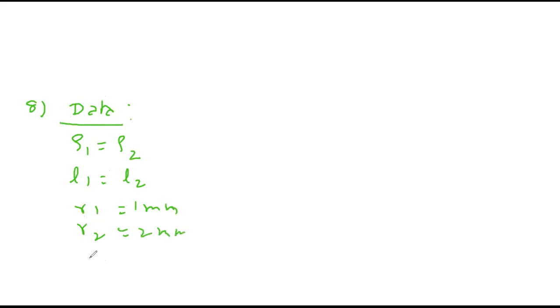Two wires are of the same material. Whenever material is the same, that means specific resistance is the same. Same length, L1 is L2. Radius of the first one is 1 millimeter and the second is 2 millimeter. Compare their resistances. So R1 by R2 we have to find, and their specific resistance.